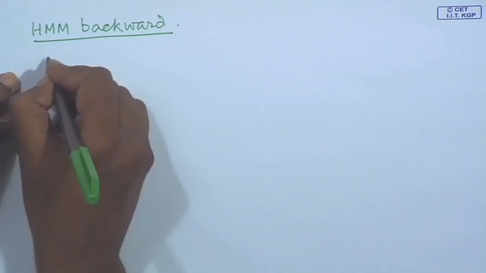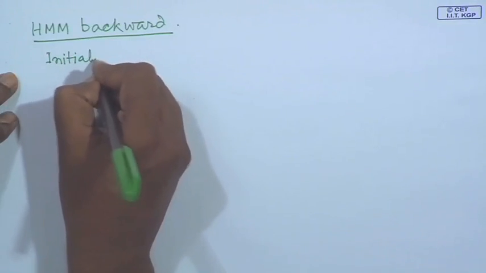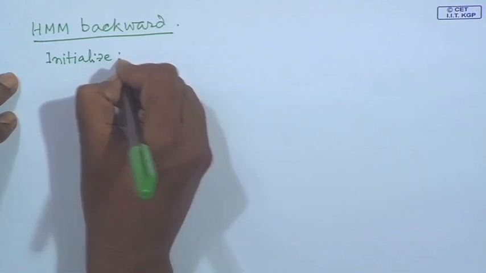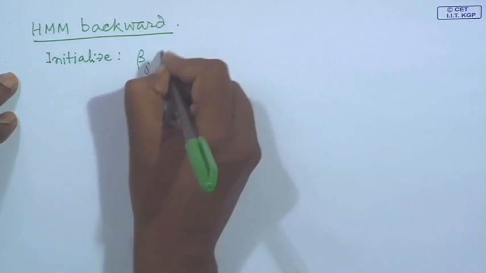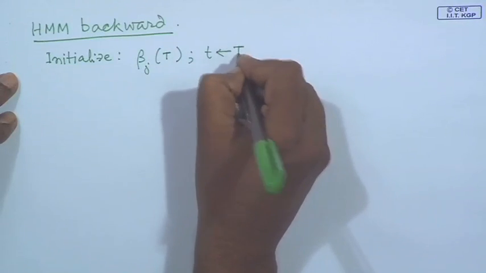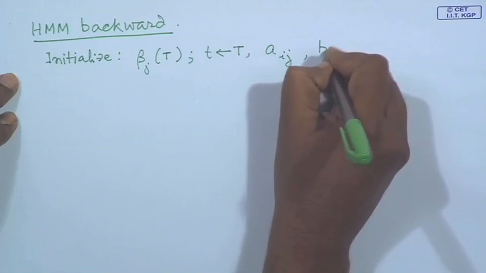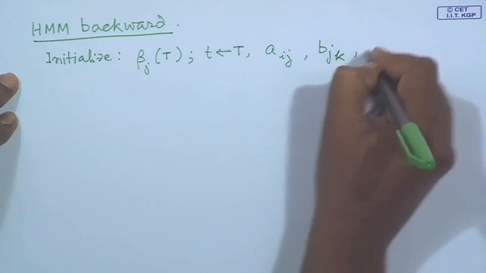Here again we have an initialization stage where I initialize beta j T, a I j, b j k and v t.